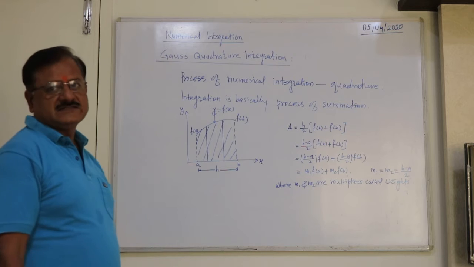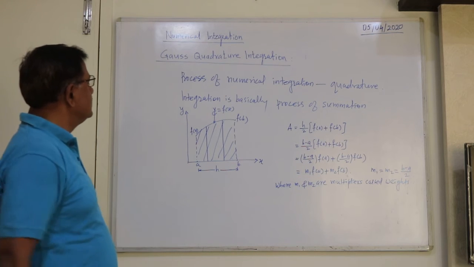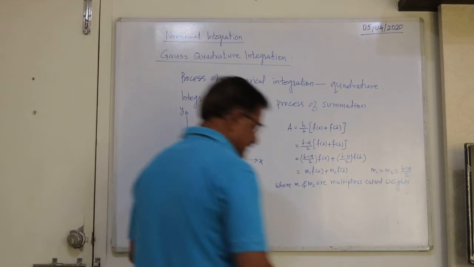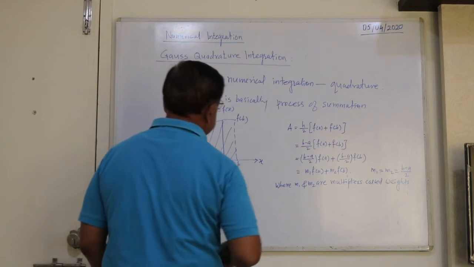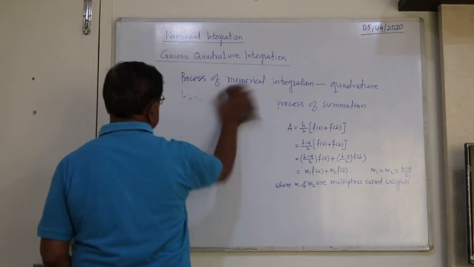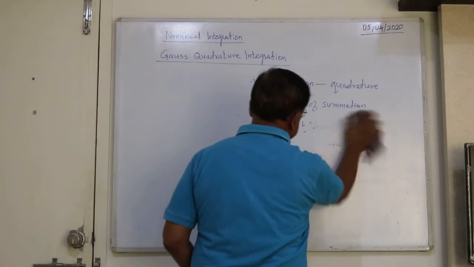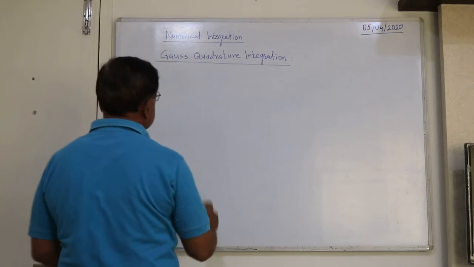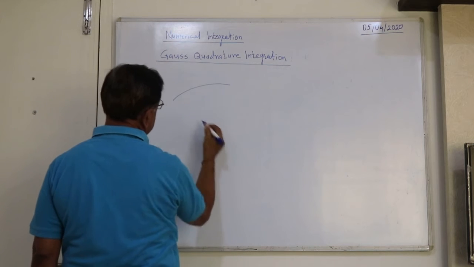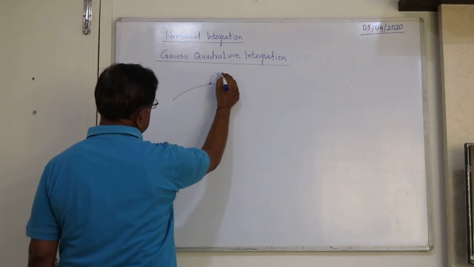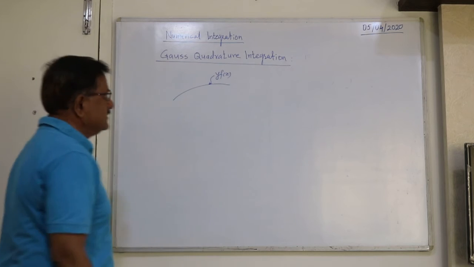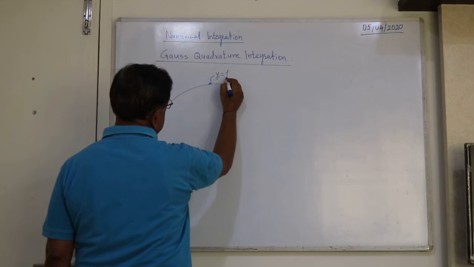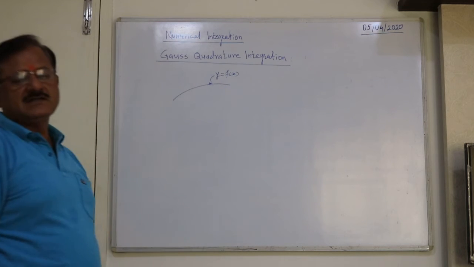Now in the Gauss-Quadrature formula, what has Gauss done? Let's see how to calculate the numerical integration by using the Gauss-Quadrature formula. Let's consider the same curve, y equal to f(x), a function of a curve.